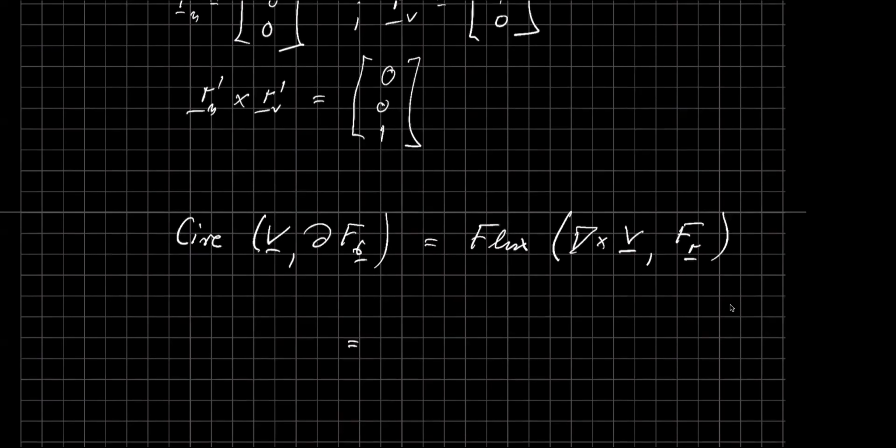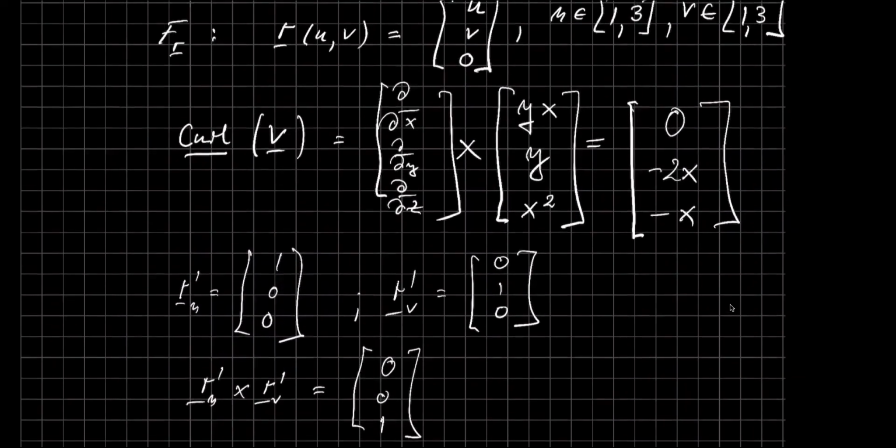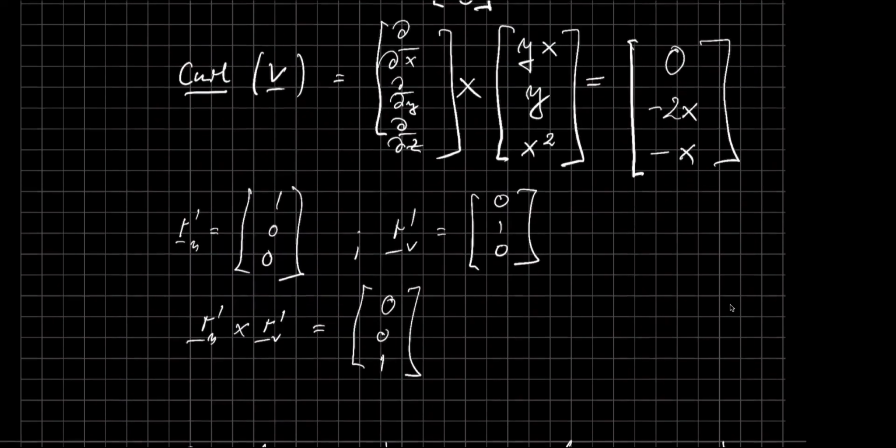So it will be the integral of the restriction of this curl to my parametric representation. You see the curl, we have it here. So I only need to input x, which is u.